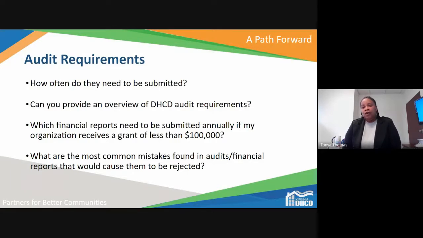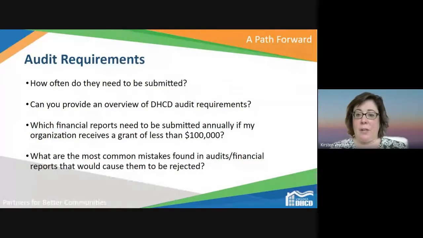Some organizations' reporting period ends on a fiscal year, some on a federal fiscal year, which is September 30th of whatever year, and some on a calendar year, which is December 31st. So it really depends on their reporting period.